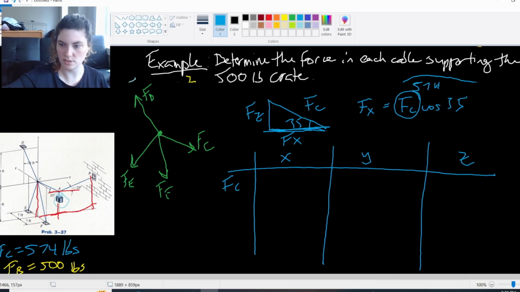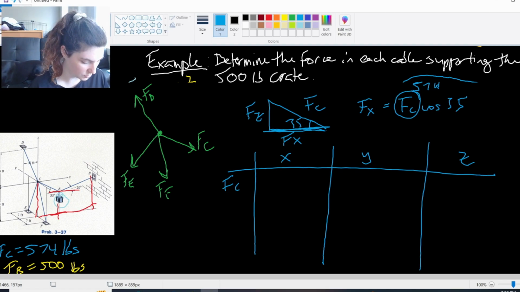I was in radians. 574 times cosine 35 gives me 470. All right, so I'm going to just put in 470. I'm not even going to bother with keeping it as the variable because it's a known value, and it's going to be easier for me just to keep it straight as a known value at this point in the problem.